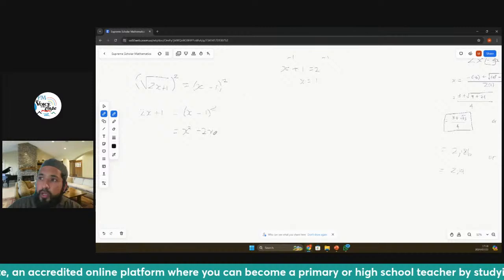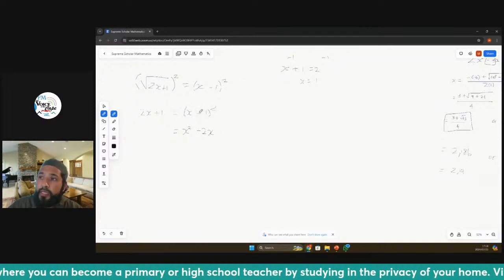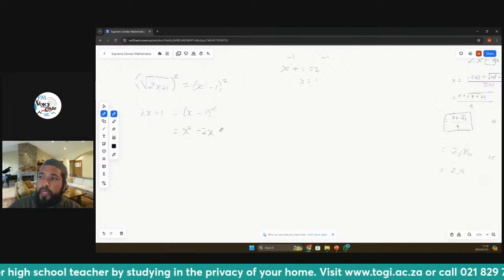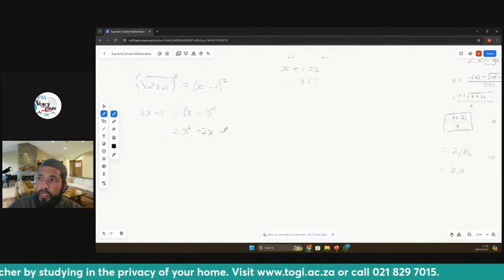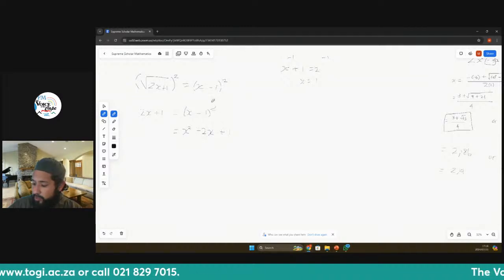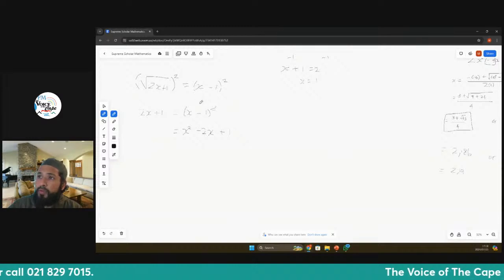And then for the last term, we're expecting 3 terms. For the last term, we take the last number, including the sign, negative 1, and we square it. And negative 1 squared will become plus 1.